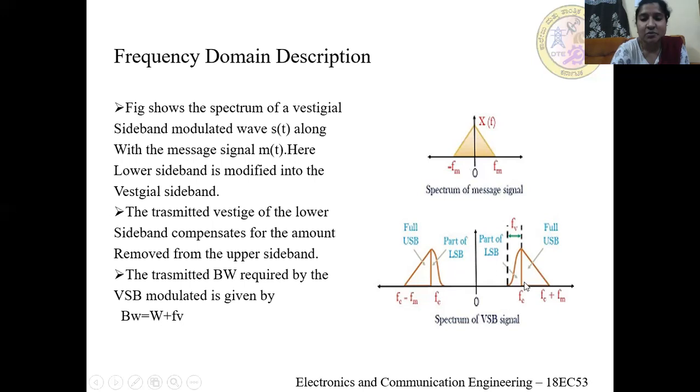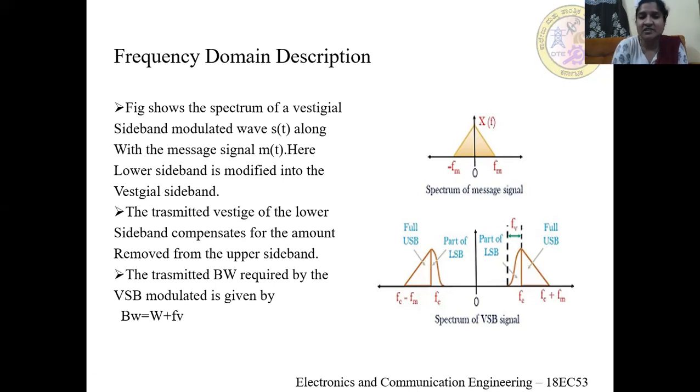Here you can see the spectrum of the VSB signal. This VSB signal consists of a full USB, the upper sideband, and a part of the lower sideband. Even here, we are transmitting the full USB and a part of the LSB. That part of the LSB, the vestige, is represented as fv. V stands for the frequency of the vestige.